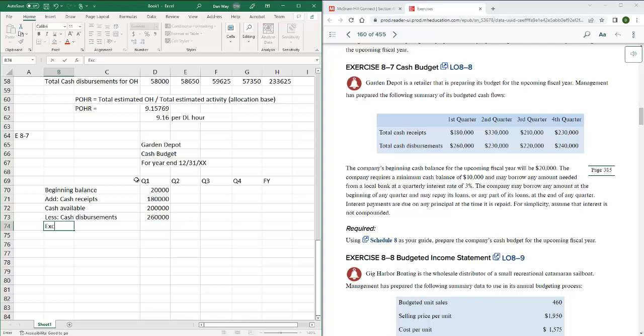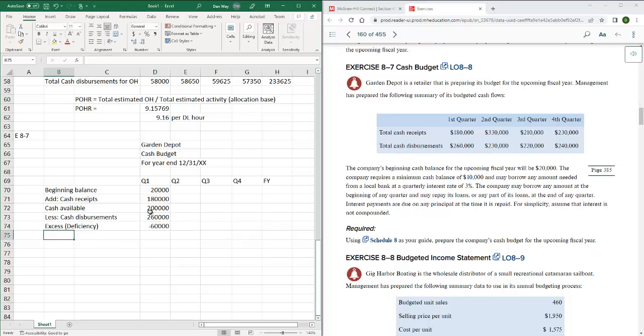So then we want a little subtotal that says, well, do we have an excess or deficiency of cash available versus cash disbursements? And to be clear, we're saying this is the $200,000 cash available projected minus the $260,000 in projected disbursements.